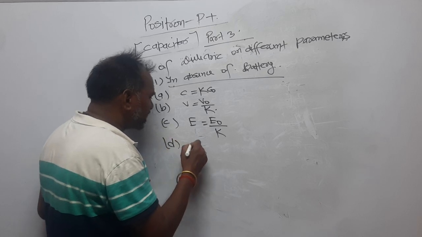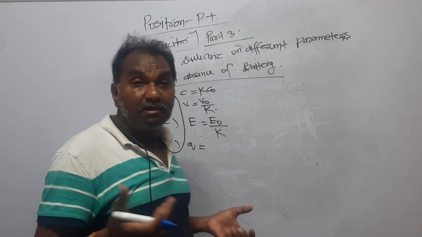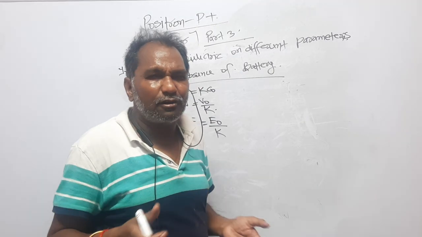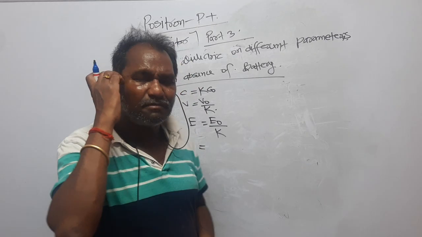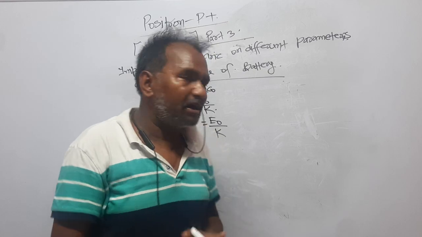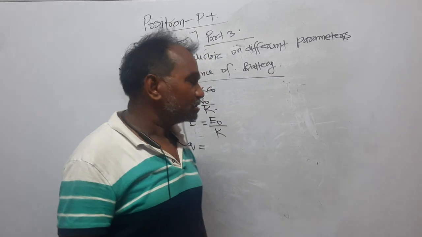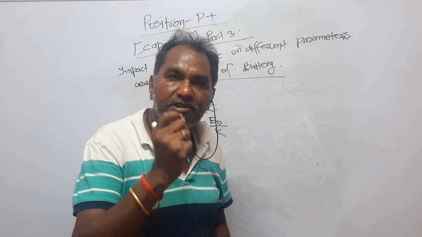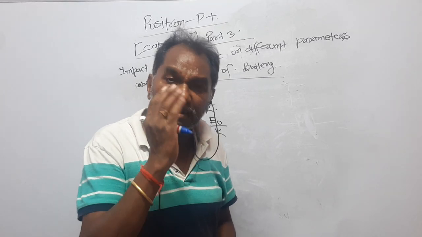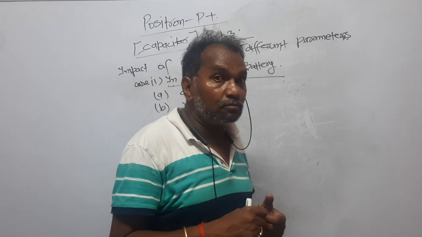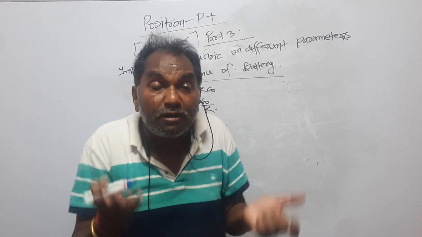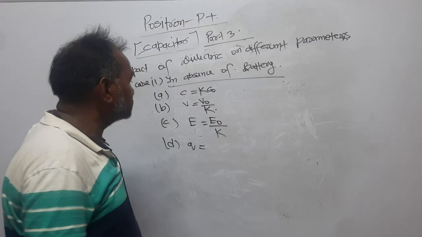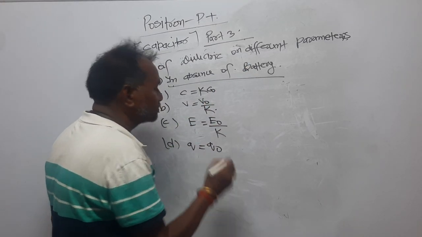The third is the charge, because the capacity of the capacitor does not matter here. Charge remains the same. Actually, charge comes from the battery and you have disconnected the battery. So, by introducing the dielectric, the capacity of the capacitor increases, which means it can store more charge, but from where will you get the more charge? You would get it from the battery, and you have disconnected the battery, so the charge will remain the same, right?